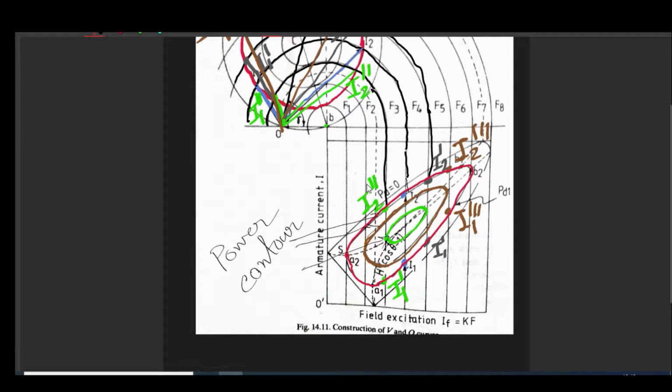Because for every point you can understand that, if we disregard the constant loss for an electrical generator, it is PE plus I square R, if we are talking about the per phase condition. So for every current point, what would happen?